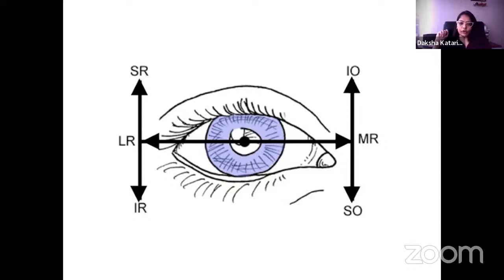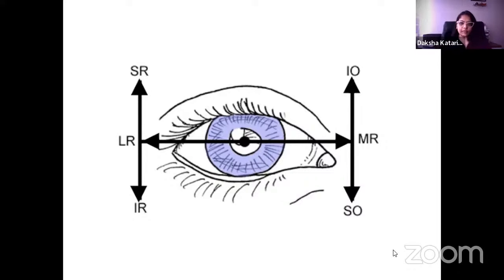But down the line, I have realized that there are so many other things you can pick up while doing the EOM testing and all of these tests, whatever she spoke about. There are a lot of easy ways to remember how you can get so many diagnoses from whatever you do, especially EOM and cover test.